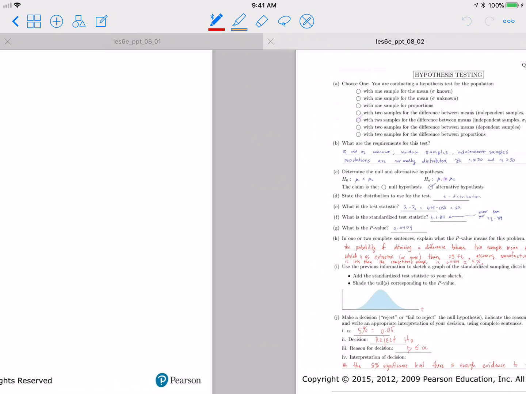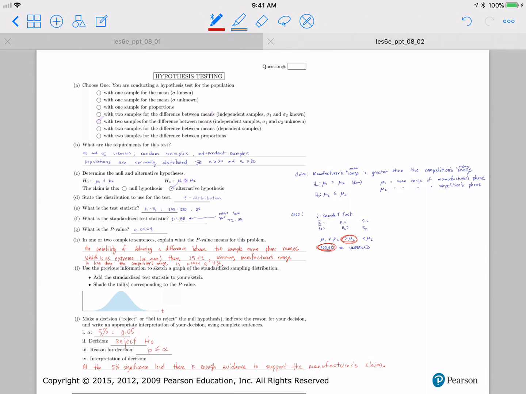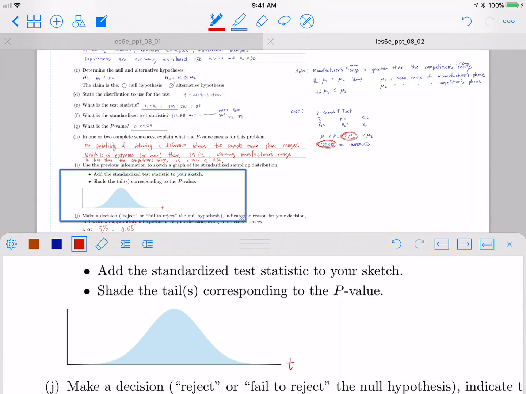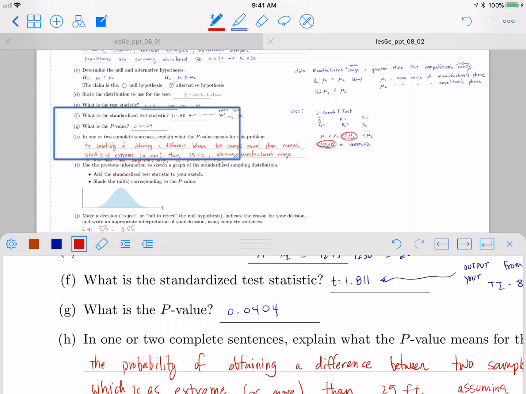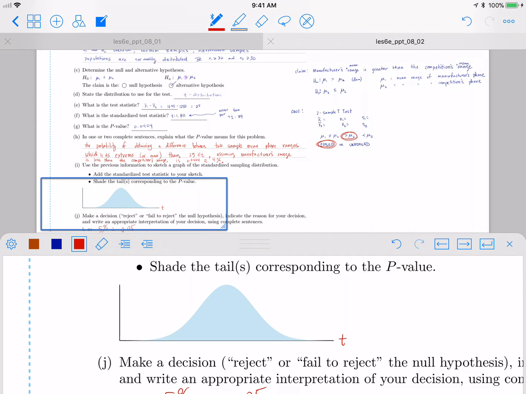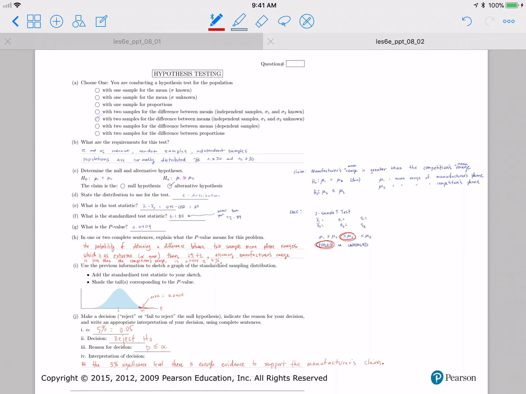Our standardized test statistic is 1.811. So if this is 0, we're going to estimate 1.811 is about here, so it's really small, and that area is equal to 0.0404, the area going on forever. And we are done.